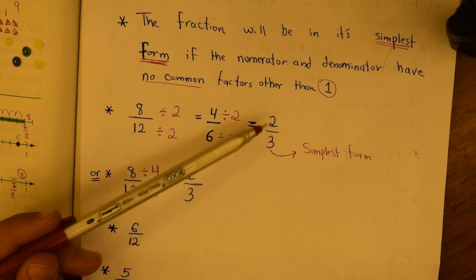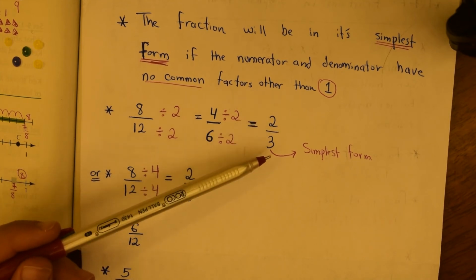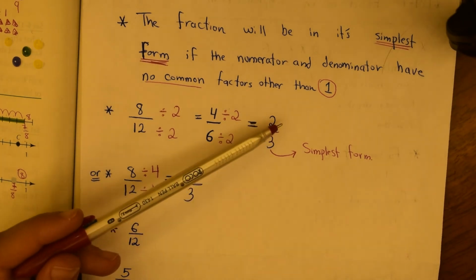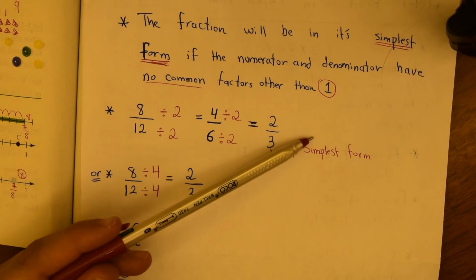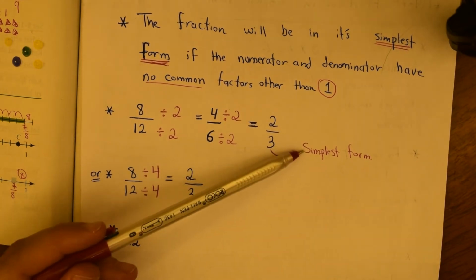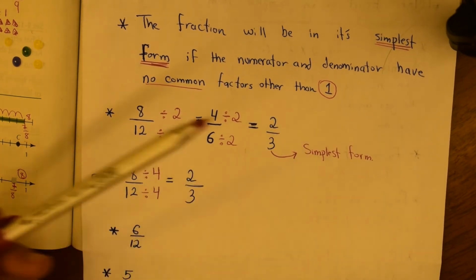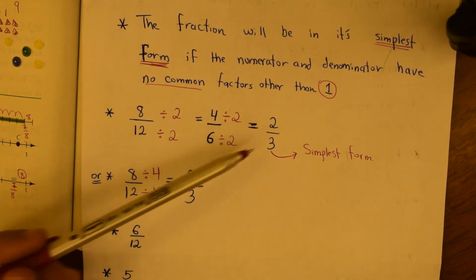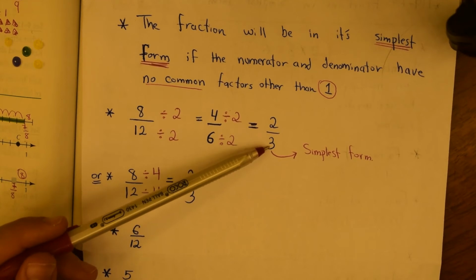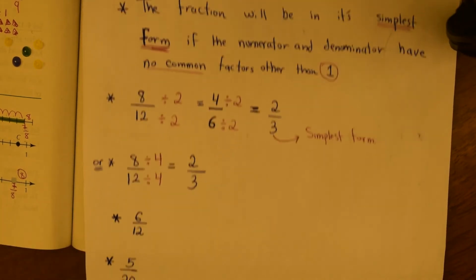There is no common factor between 2 and 3 other than 1, and if I divide by 1 up and down, it will give me the same fraction because 2 divided by 1 equals 2 and 3 divided by 1 equals 3. So in this case, I will say that this fraction is in its simplest form, 2 over 3.